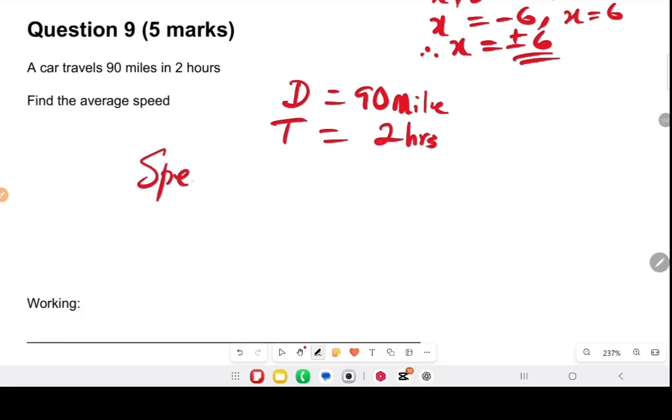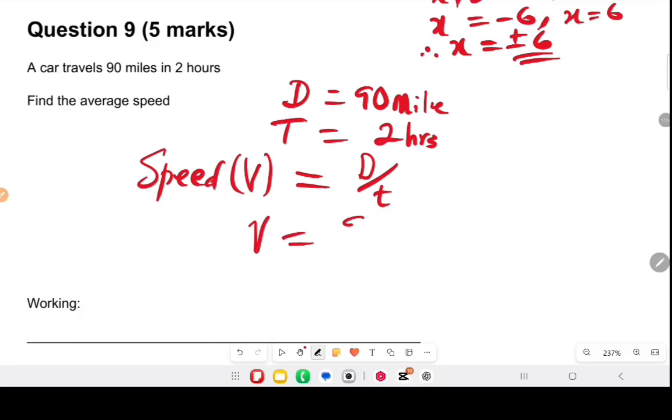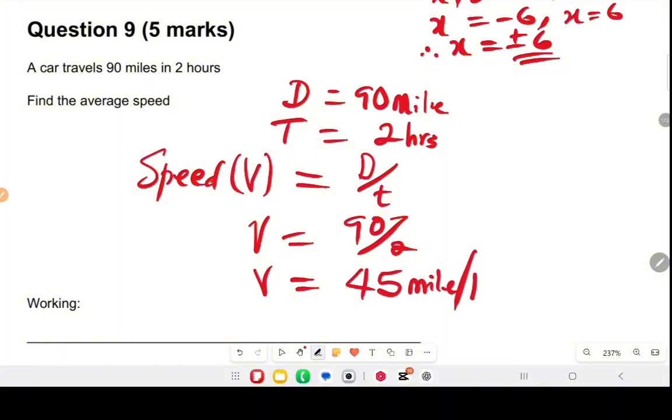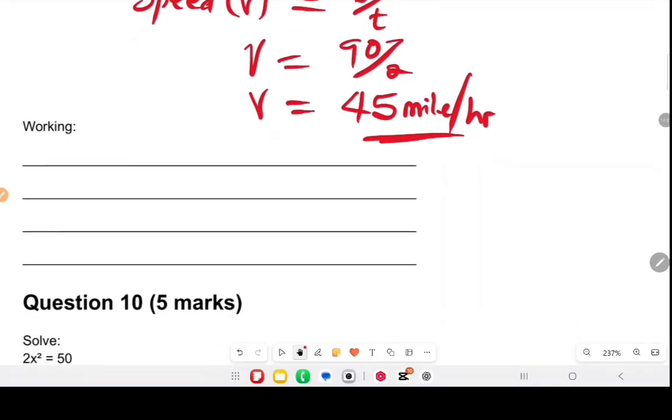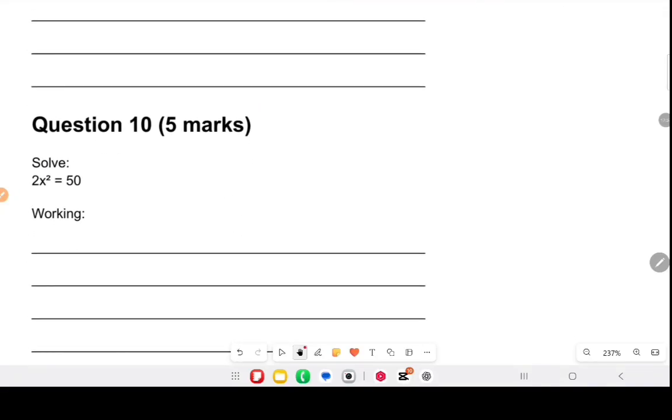Speed is denoted by v, which is equal to distance all over time. Then v is equal to 90 all over 2. And v will give us 45 miles per hour as the answer. Then we continue, we go to question number 10.